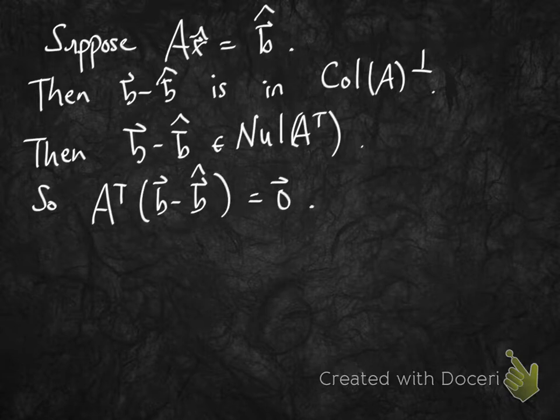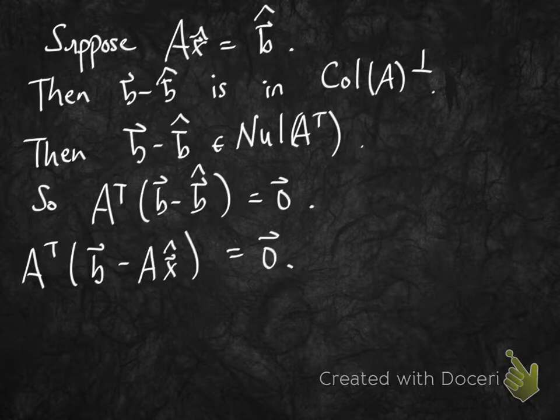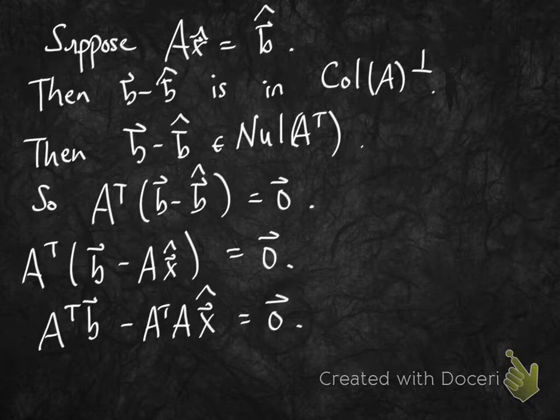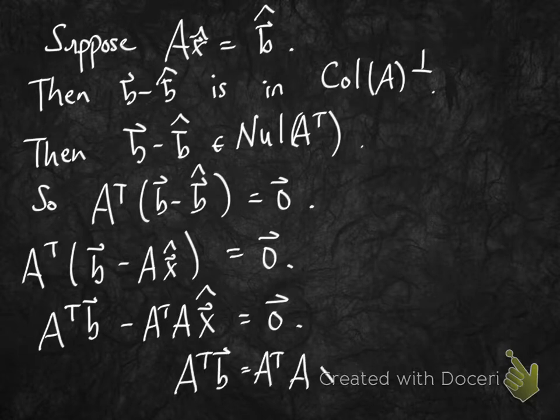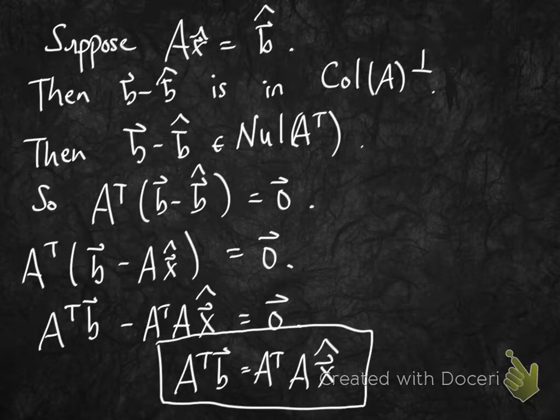That means that A transpose times b minus b hat equals 0, which tells us that A transpose times b minus A x hat equals 0. Now let's just multiply that out. That says A transpose b minus A transpose A times x hat equals the 0 vector, which tells me that A transpose b is A transpose A times x hat.